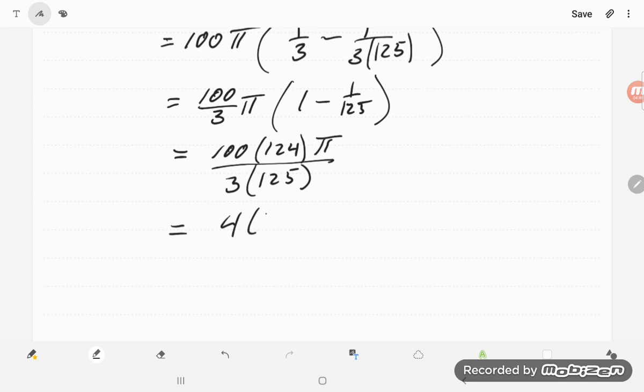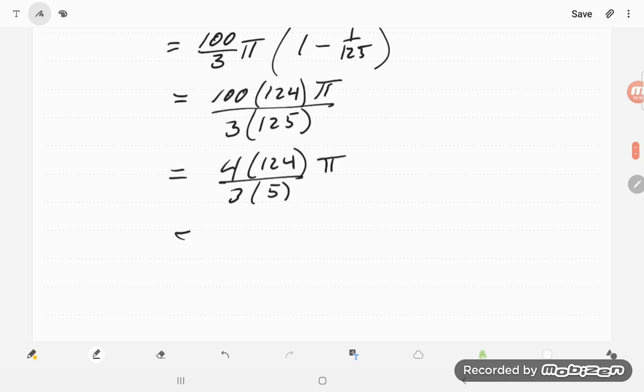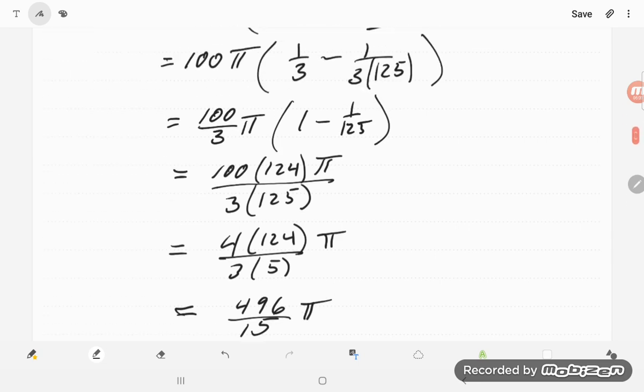So I've got 4 times 124 over 3 times 5, all times pi. So 4 times 124 is 496 over 15 pi. Okay, 496 over 15 pi.